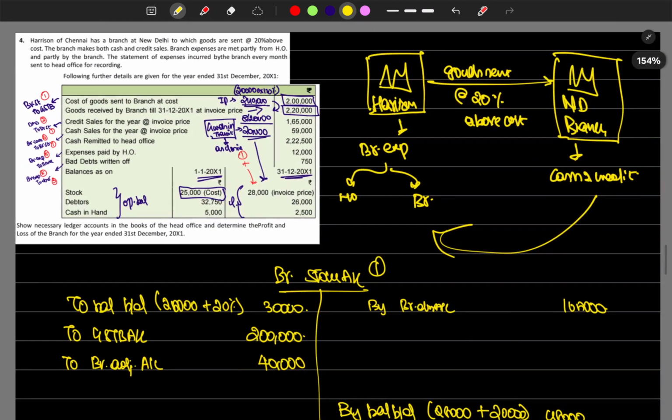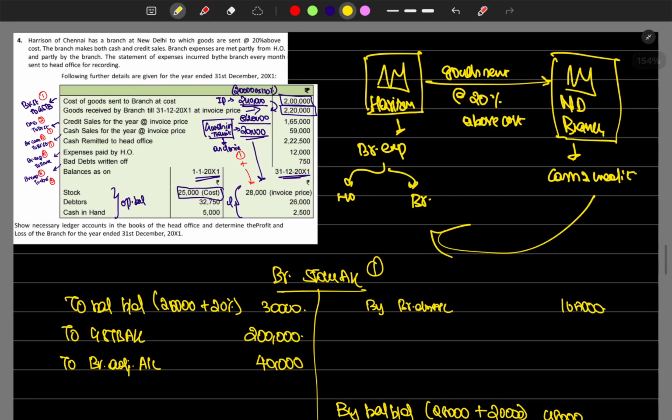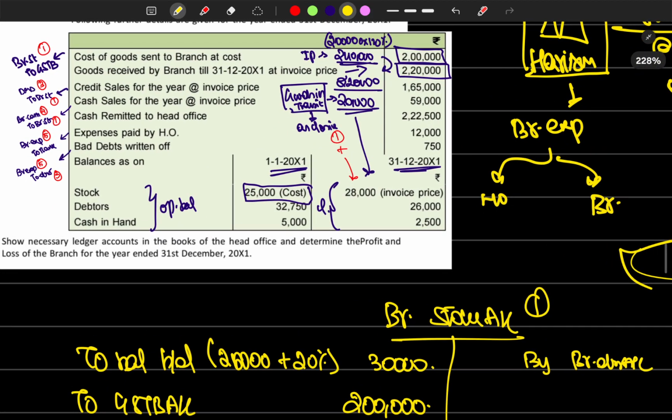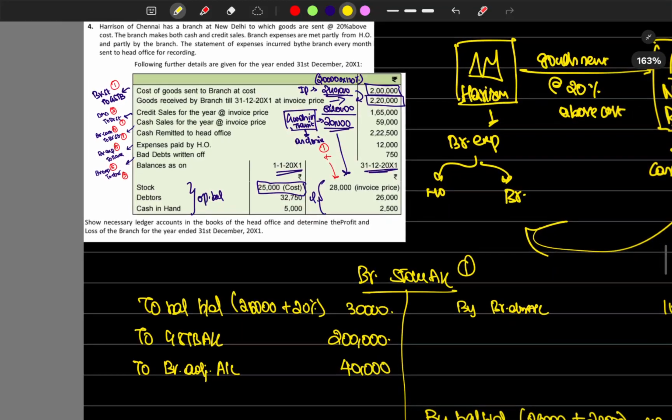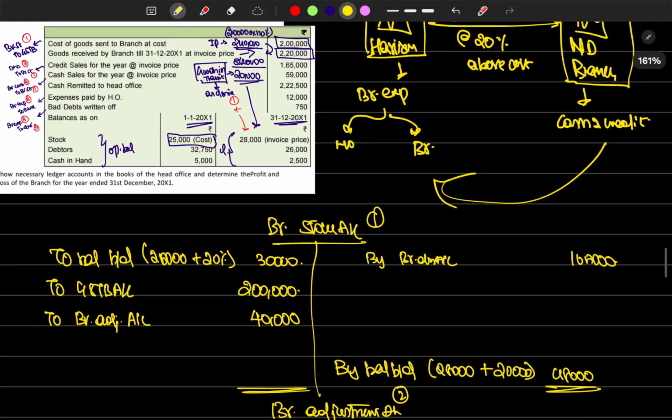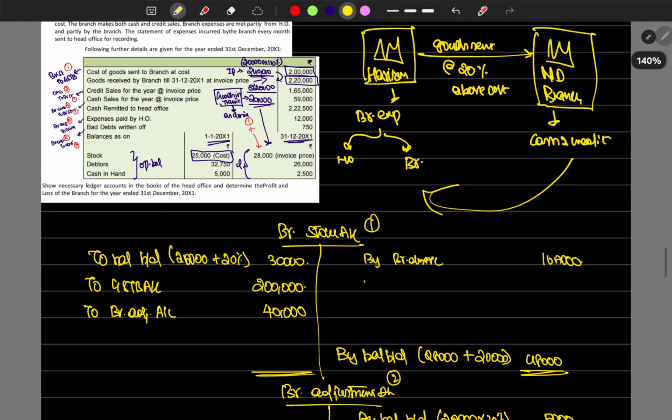Then the next entry is cash sales. Cash sale is fourth ledger and the first ledger. The first ledger we have to show as by branch cash, which is rupees 59,000, to branch stock 59,000.